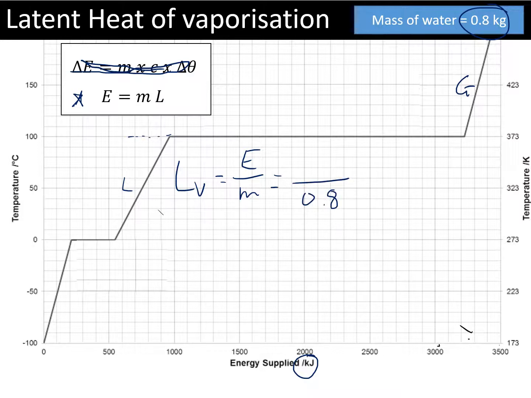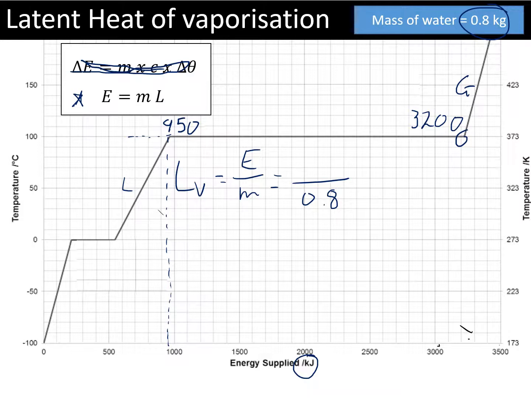Now the energy supplied, it's easy to read off graphs using a ruler in an exam. So if you slide your ruler along, you should be able to get to here, and that is 950 kilojoules. And up here, the graph's not very clear, so I'm going to make the assumption that it's 3,200 kilojoules.